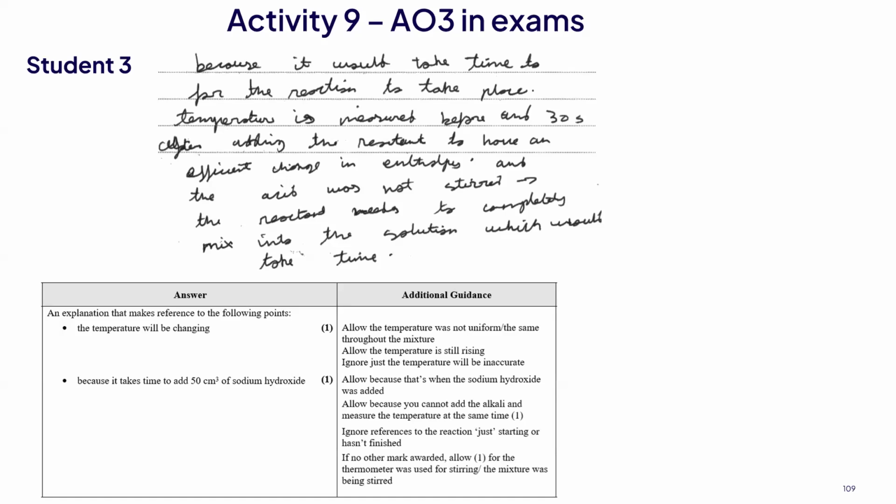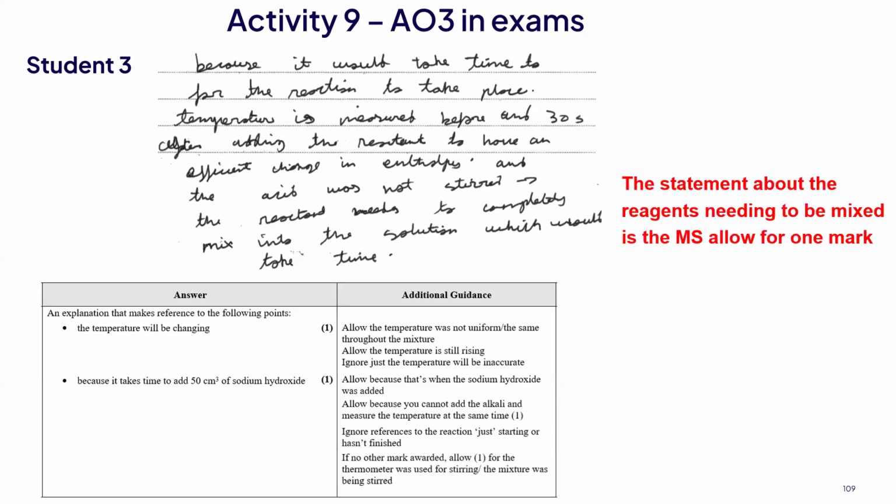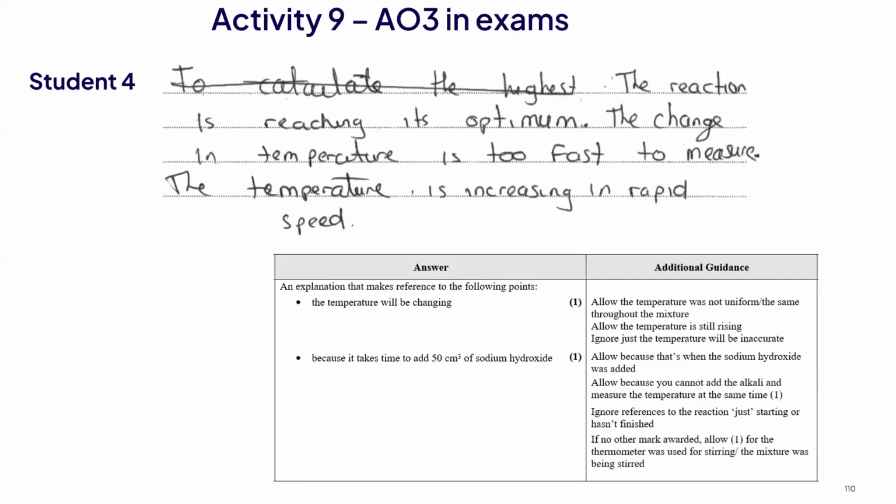As the acid is not stirred, the reaction needs to be completely mixed. The statement about the reagents needing to be mixed is a mark scheme allow for 1 mark. So they can get just 1 mark there.